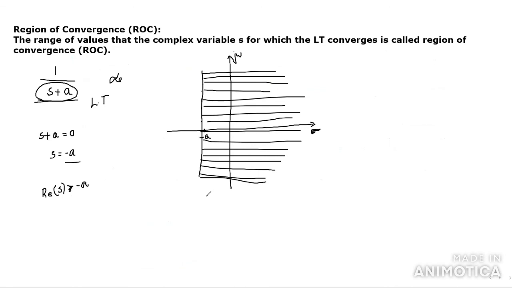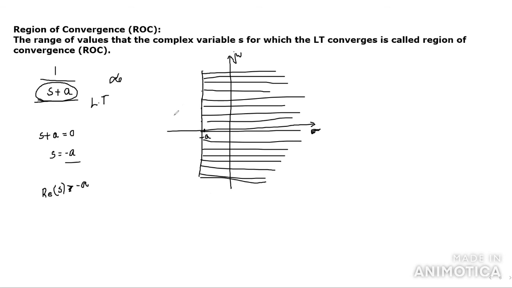Sir, if you substitute s equal to minus 2a, it will be infinity, not a convergence region. S equal to minus 2a will not be in the convergence region, non-ROC.